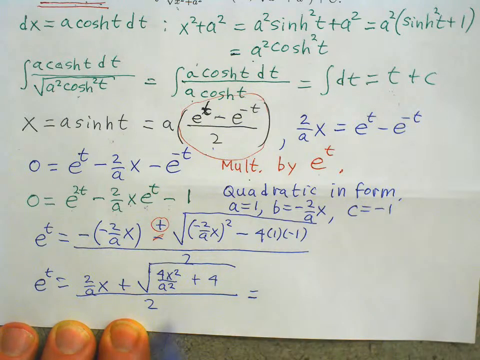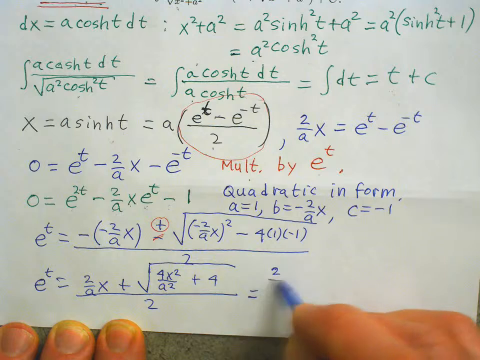Yeah, I think I can write a little bit more here. So inside the square root, instead of plus 4, I can write that as plus 4a squared over a squared.